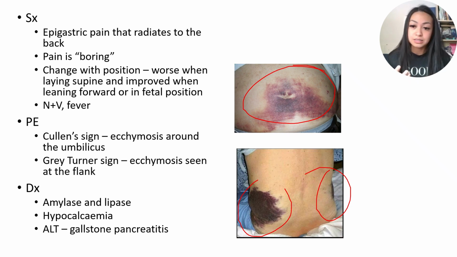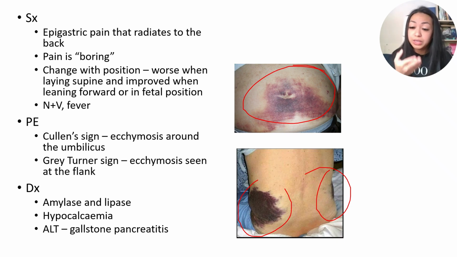So for instance, if someone complains of epigastric pain, sharp stabbing deep pain that radiates to the back, nausea and vomiting, fever, and then they present with like Cullen and Grey Turner sign, we know it's acute pancreatitis. But what if we discovered that like 7 days after the onset of the symptoms?